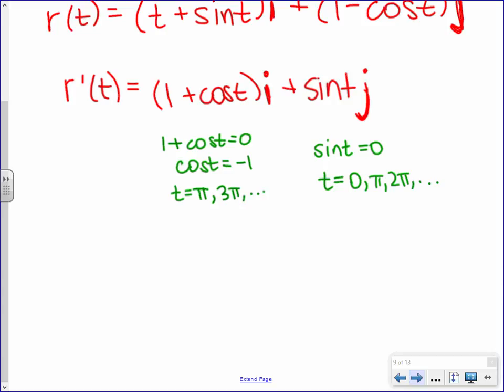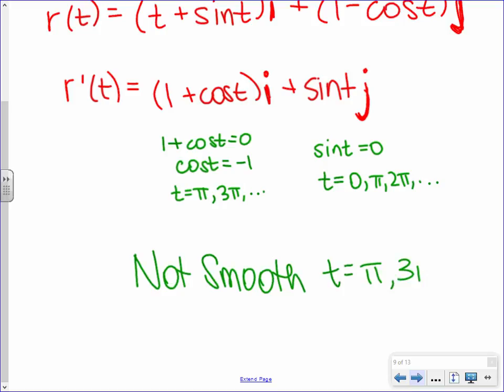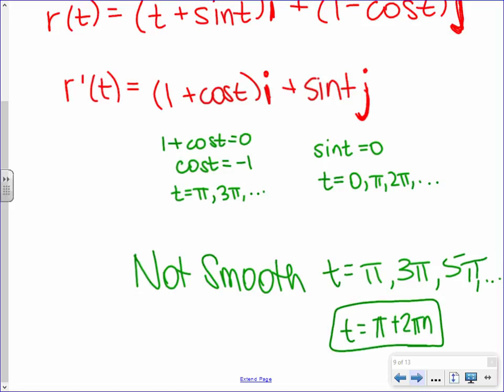Okay, so do we have some overlap? Yes, which means we are not smooth when t equals pi, 3 pi, 5 pi, etc., which we could label as pi plus 2 pi n. Pi and then in increments of 2 pi, right?